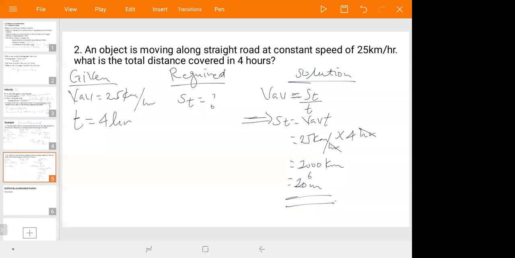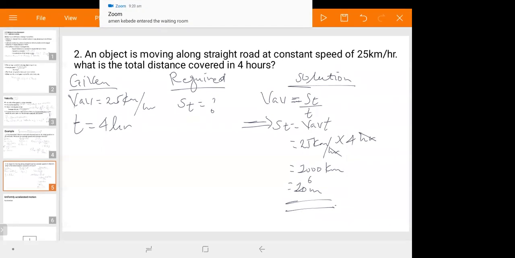Velocity is not constant; it increases by a constant value. That means acceleration is what? Acceleration is the time rate of change of velocity.